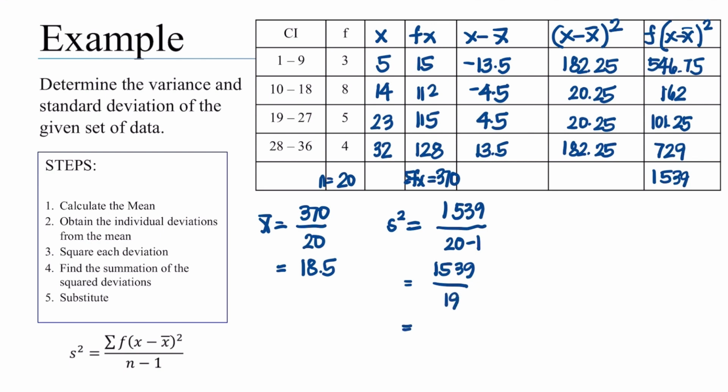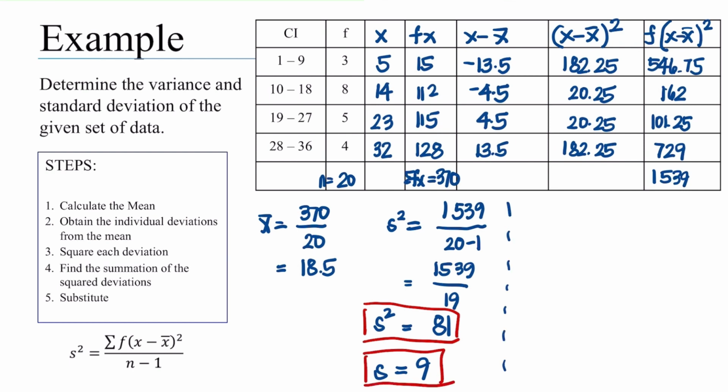That is equal to 81. Now to get the standard deviation, what you're going to do is just get the square root of 81. In that case, the square root of 81 is 9. Therefore, your standard deviation is 9.